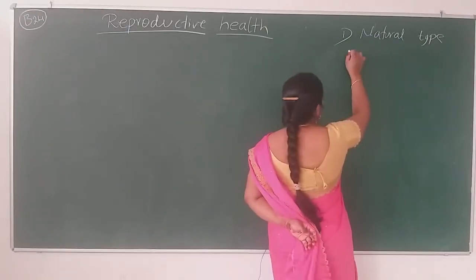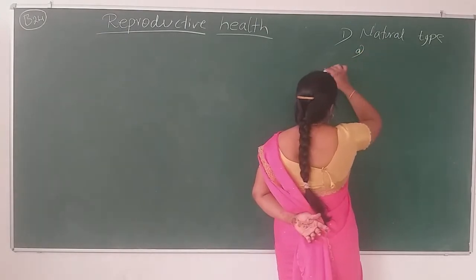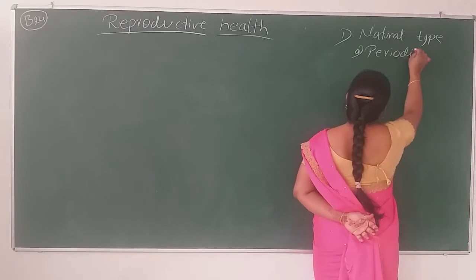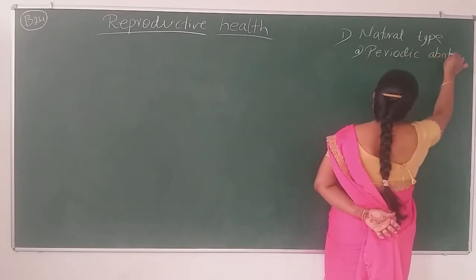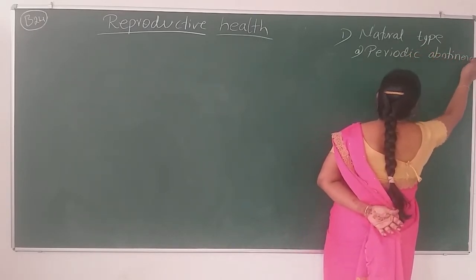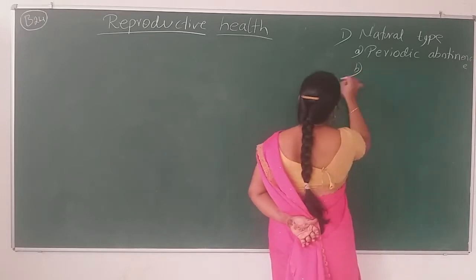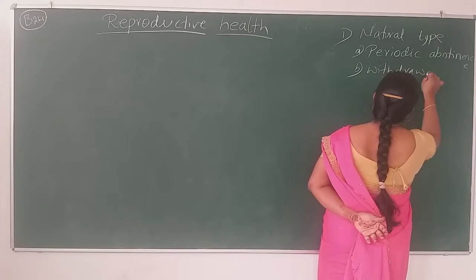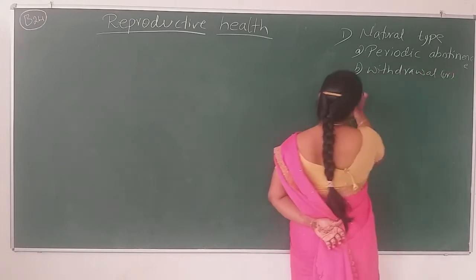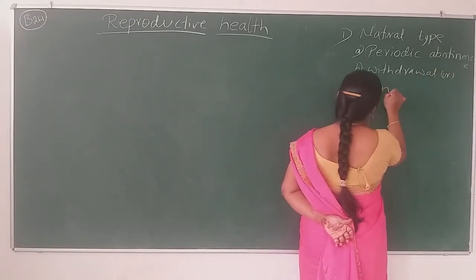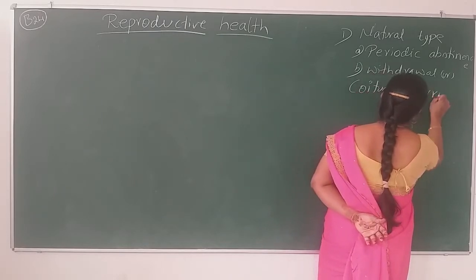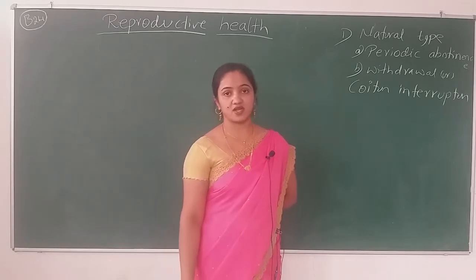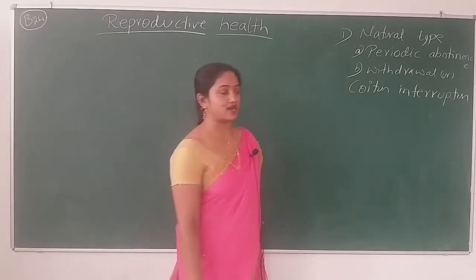Okay. So in the natural type we learned periodic abstinence. The second one is withdrawal or coitus interruptus, also known as the withdrawal method or coitus interruptus.